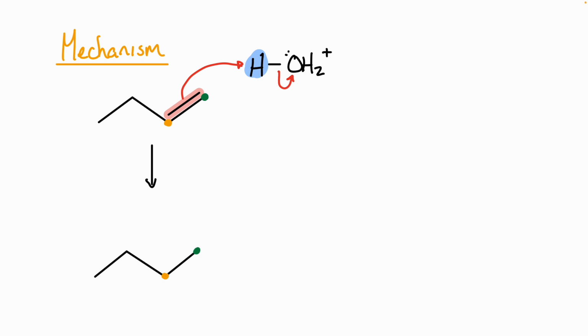Well, importantly, the key here is what happens to the other carbon, right? If I put a hydrogen on one of those carbons, what's the other one going to become? A carbocation, right? And so that's the key here, where does that carbocation want to form? It wants to form on that more substituted carbon. So that means hydrogen is going to go on the less substituted carbon.